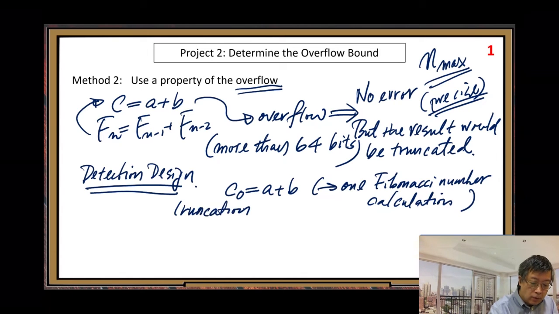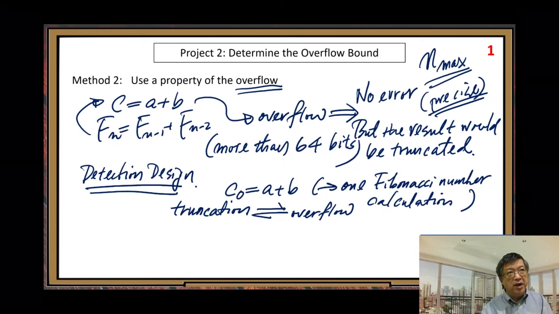Truncation and overflow go hand in hand. They appear simultaneously. Now we detect the truncation.